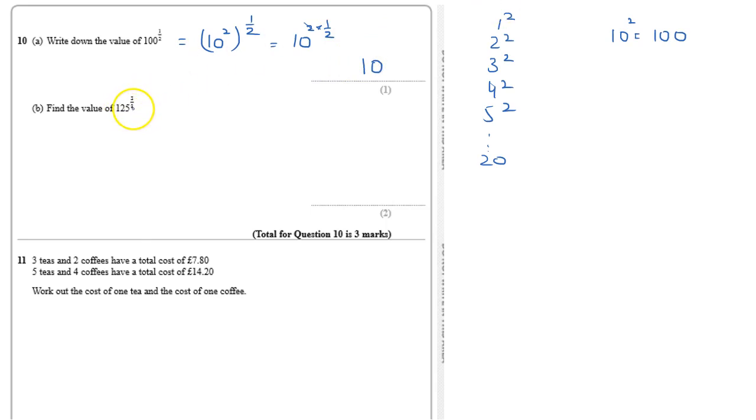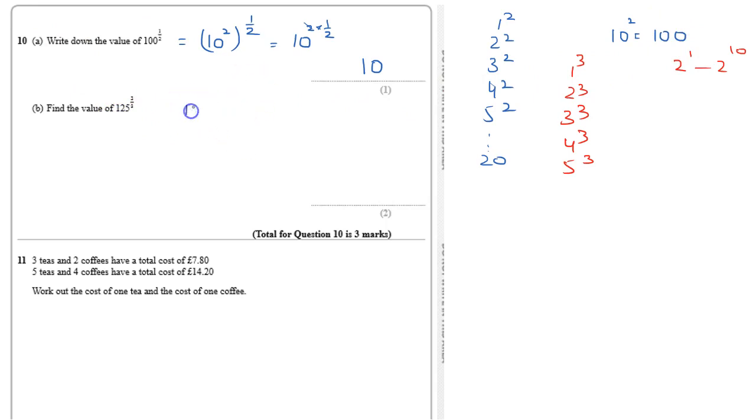Same for this 125 and this 2. You should also know these numbers: 1 cube, 2 cube, 3 cube, 4 cube and 5 cube, and 2 to the power 1 up to 2 to the power 10. It will be very helpful for solving this kind of question.